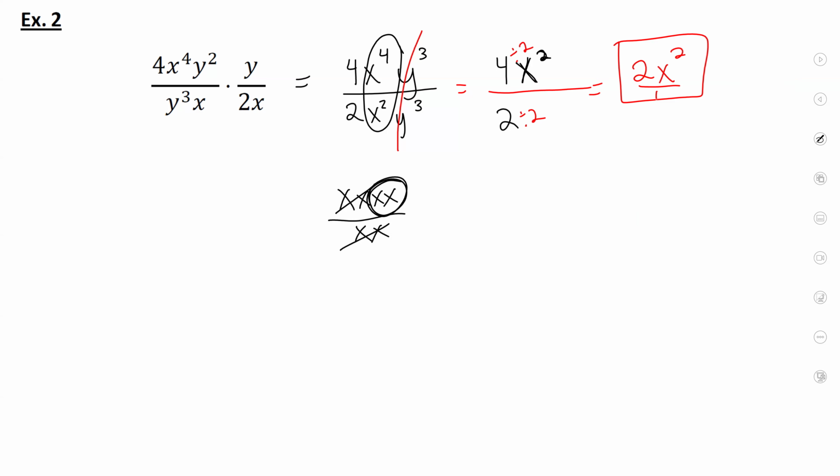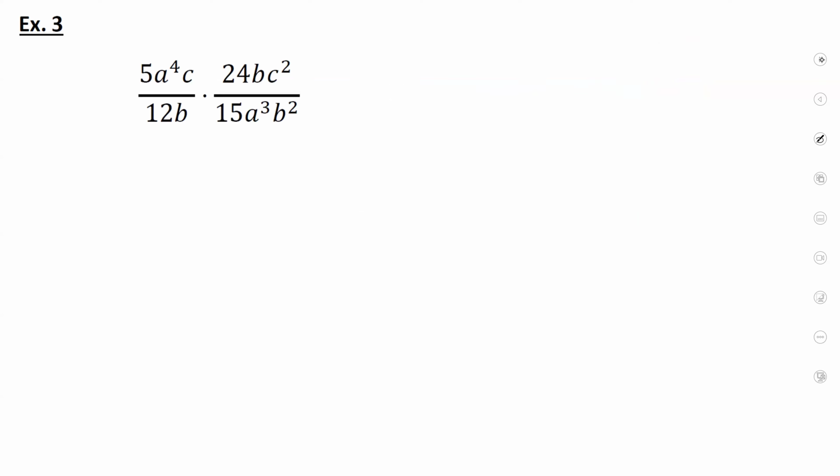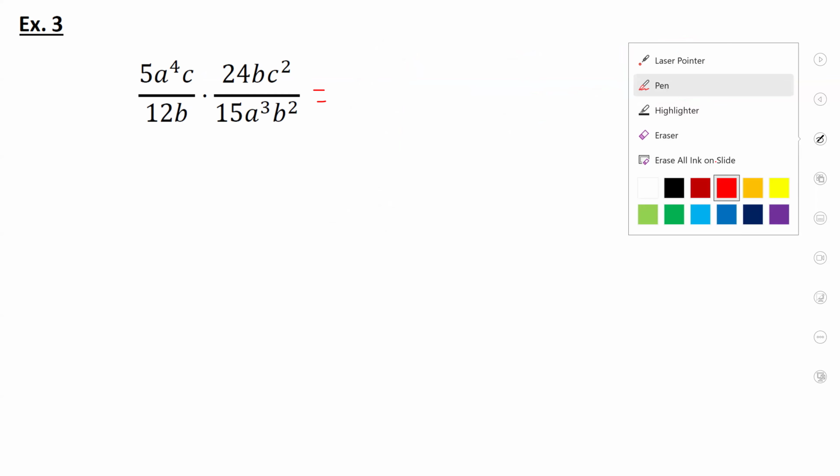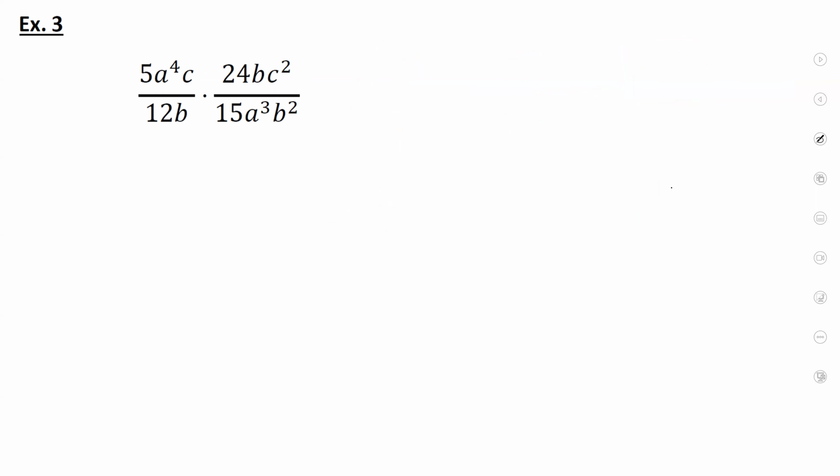All right, next, number 3. Okay, we're going to multiply across. Get your calculators ready. I need to know what 5 times 24 is. 120, perfect. And A's, how many will I have? 4. B's, how many? 1.